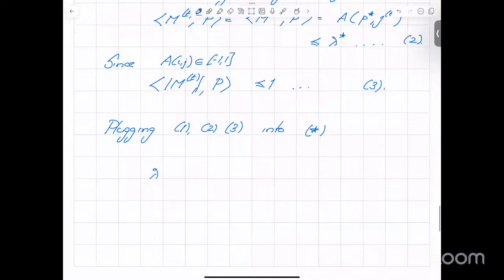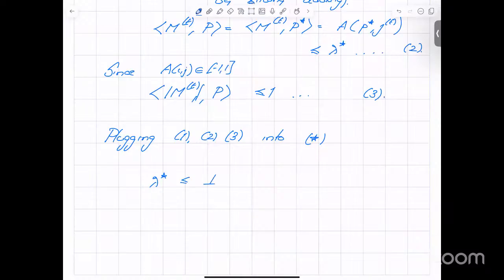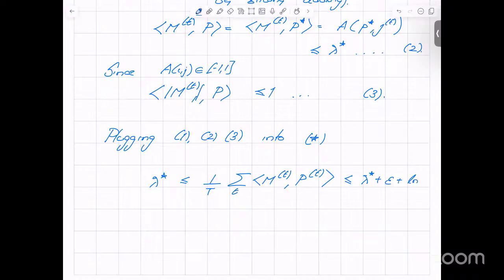We get lambda star is less than or equal to the average, which is less than or equal to lambda star plus epsilon plus ln n by epsilon t.